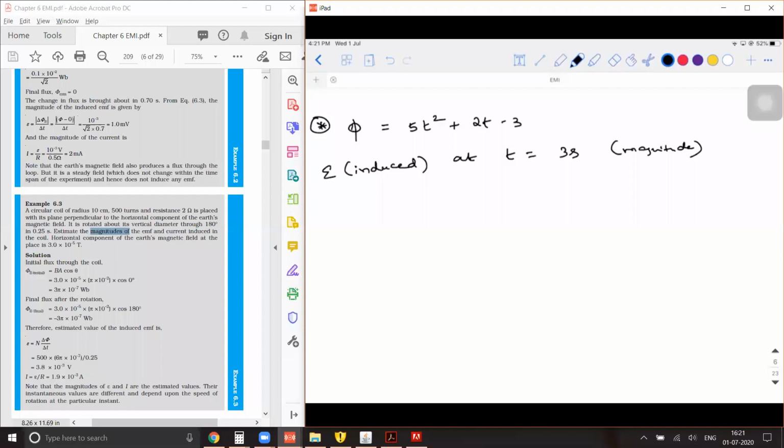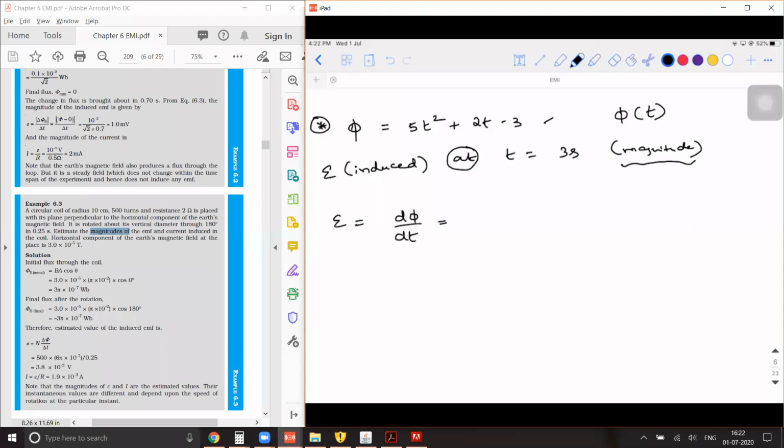Voice was breaking, sir. Okay, I'm repeating it. If flux is given as 5t square plus 2t minus 3, we need to find the induced EMF at t is equal to 3 seconds. So you are seeing the words at t is equal to 3 seconds, then you need to find only the magnitude of it. By looking at the question, what can you say? Flux is a function of time. So when flux is a function of time, the first thing you need to do is EMF is equal to d phi by dt.